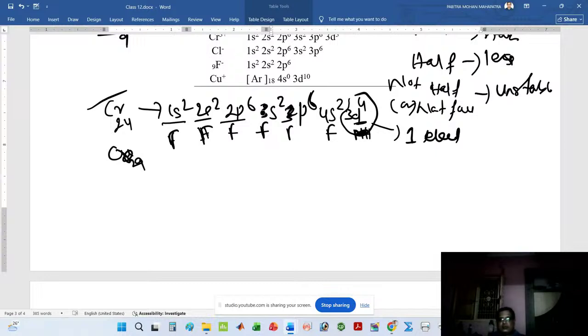Suppose someone gives an electron to the 3d, then it becomes 3d5. It will attain stability and keep its name in the stability list. Yes or no? Then who will give the electron to 3d? The total number of electrons is 24.